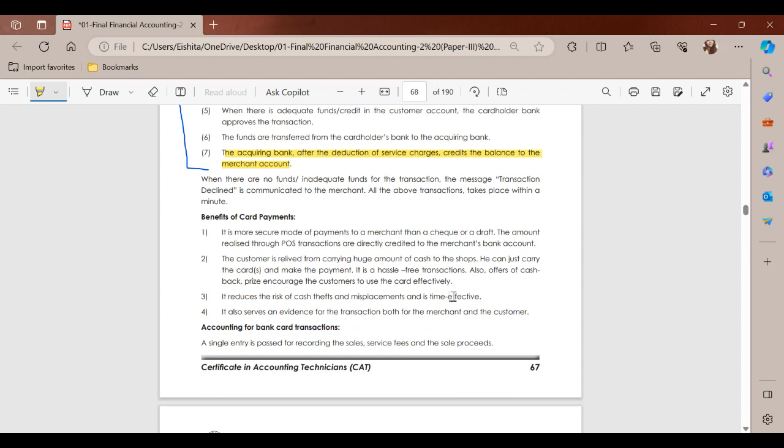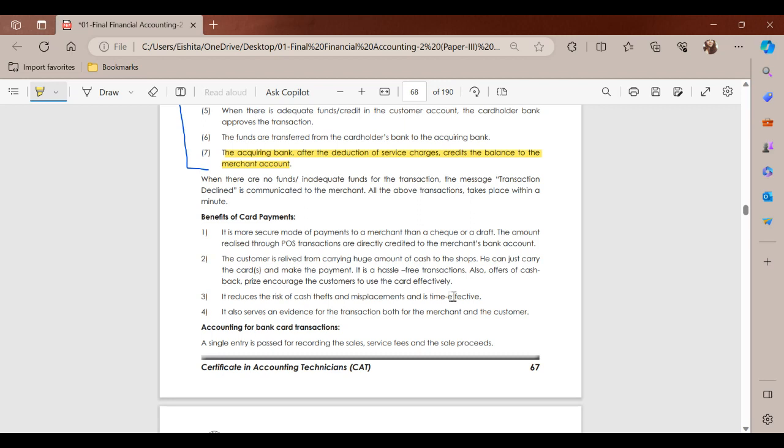The amount realized through POS transactions is clearly credited to the merchant's bank account. So once the transaction happens, then the merchant will part with the goods. The customer is relieved from carrying a huge amount of cash to the shops.